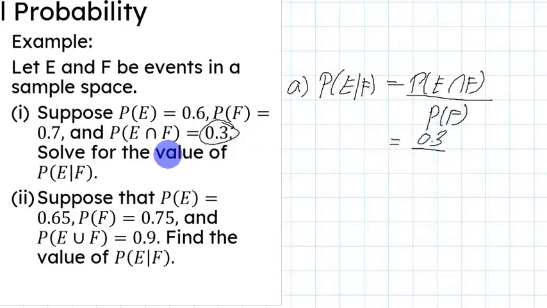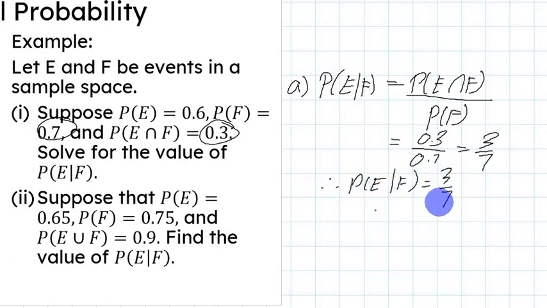The probability of F is 0.7. So 0.3 divided by 0.7 will give us 3/7. So the probability of E given F is 3/7.